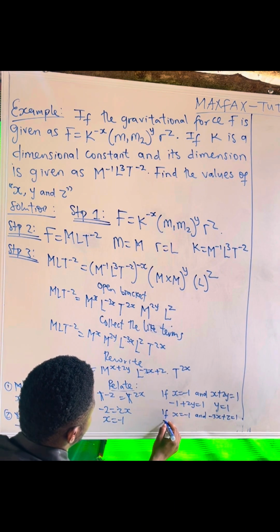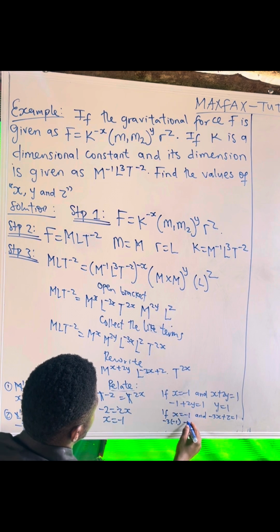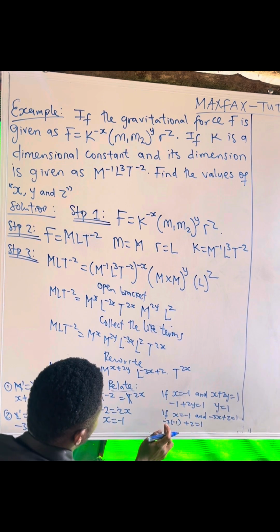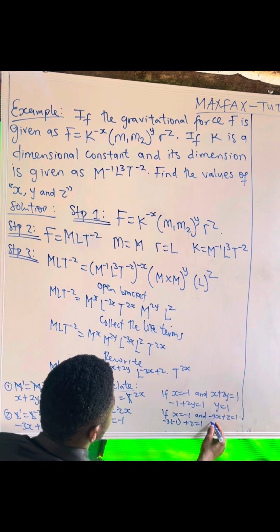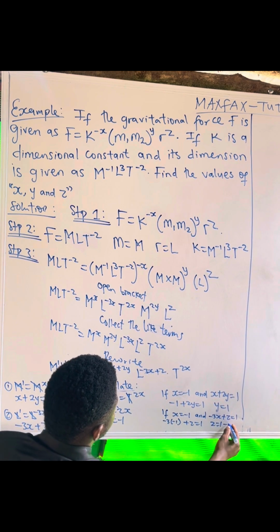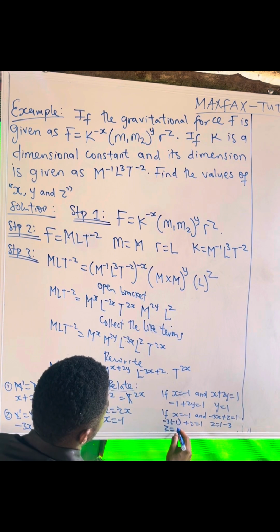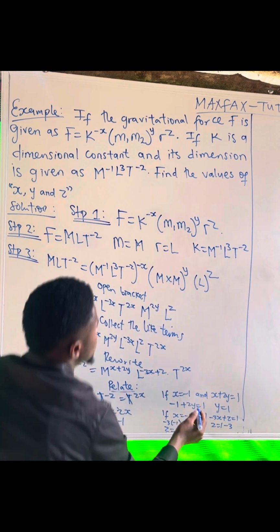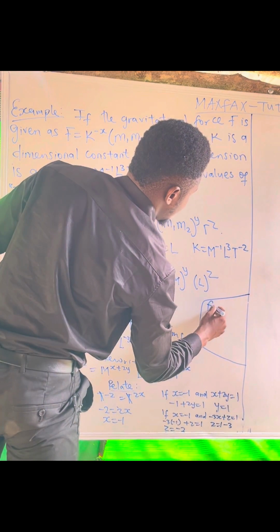Then we have minus 3 times minus 1, because X is minus 1, plus Z equals 1. Now what is minus 3 times minus 1? That is plus 3. Therefore, our Z equals 1 minus 3, then Z equals minus 2.